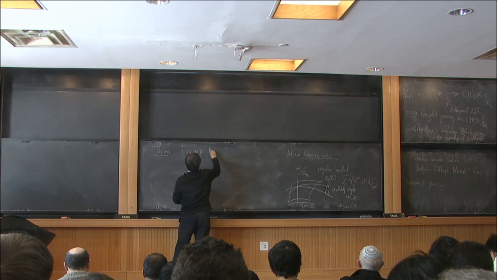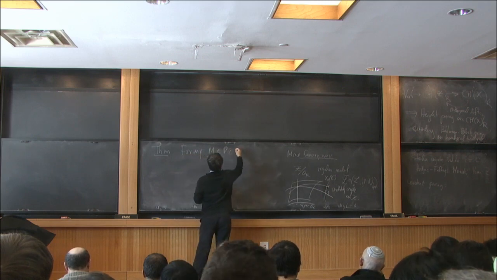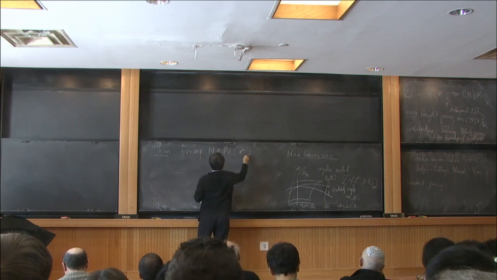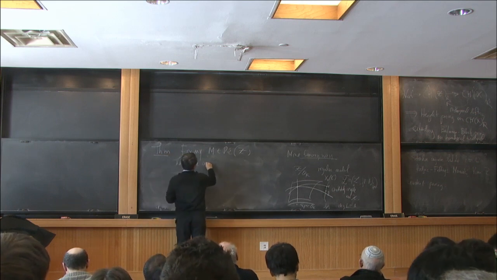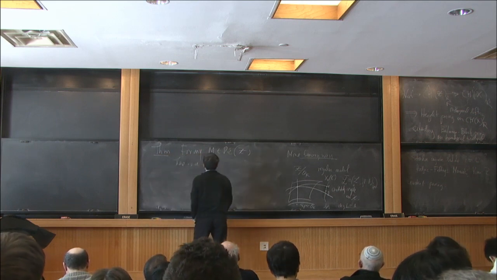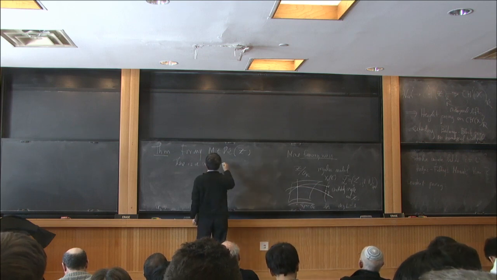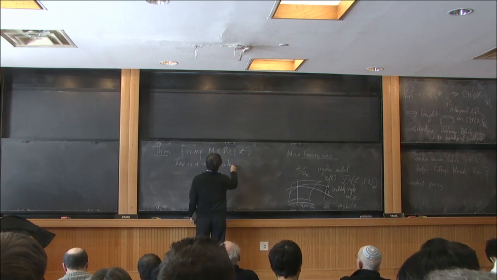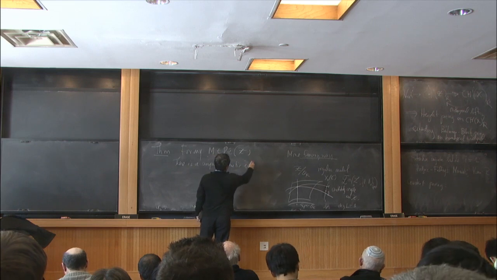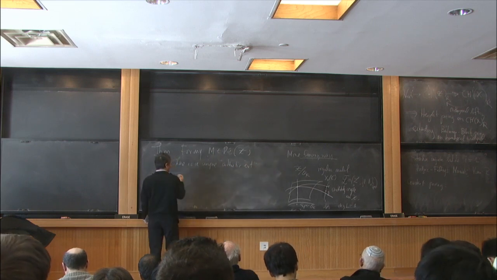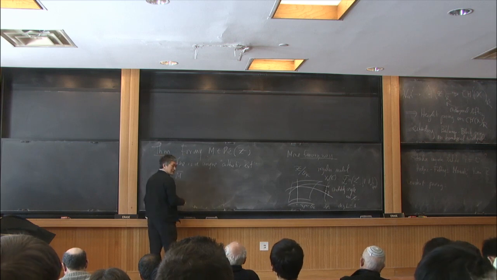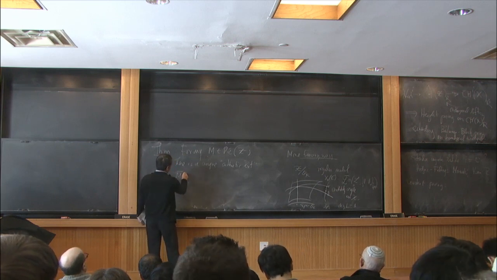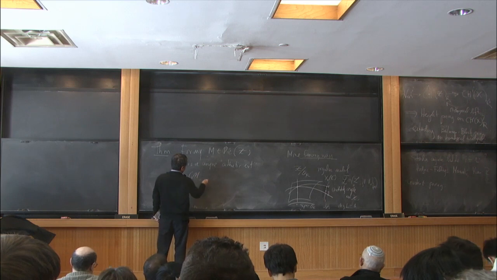For any line bundle M inside Pic of X, there is a unique arithmetic extension of, say, M bar. So this is basically a metric. The metric has a line bundle.